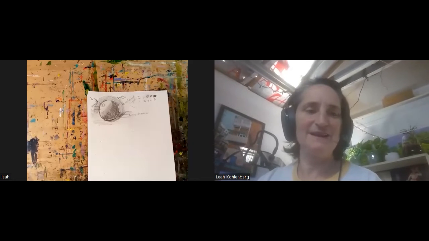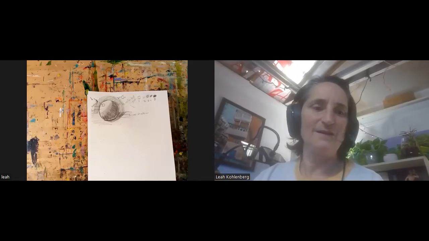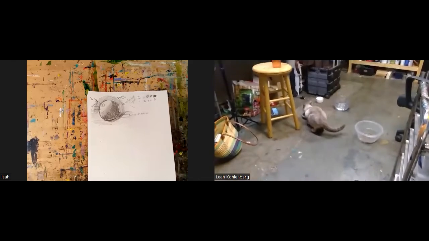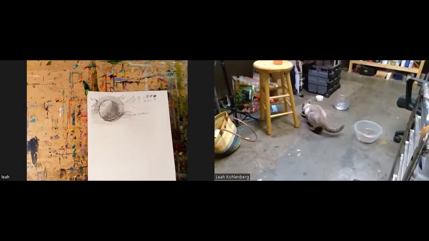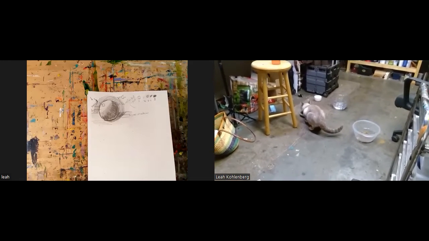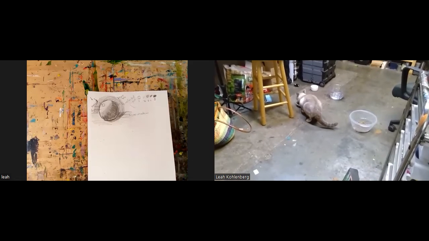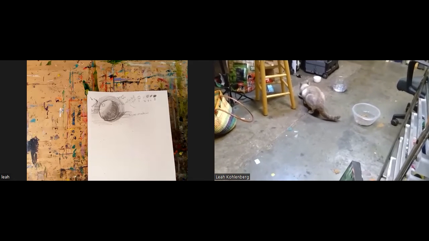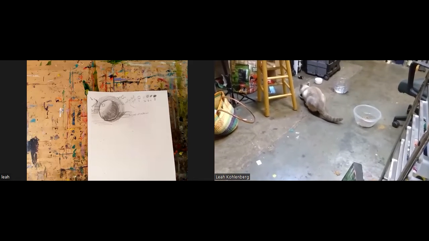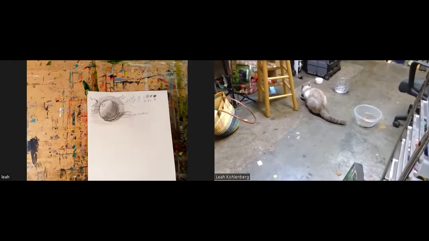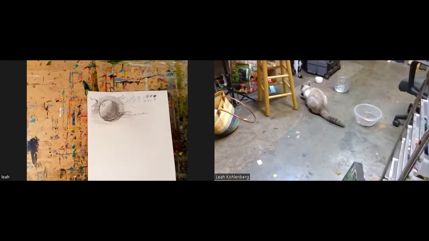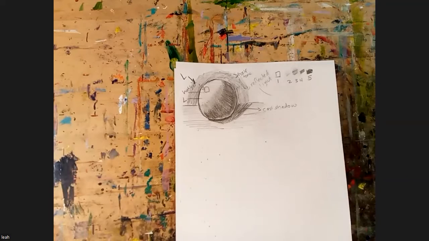Okay, ready? There he is, eating. He's a good little cat. There we go.